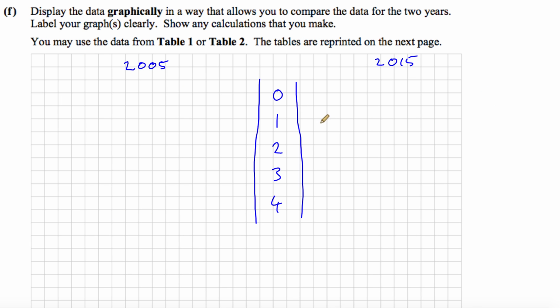So that would be 10 would be a 1 and a 0 to give me the 10, 13, 13, 14, 16, 18, and 19. There was none up here.